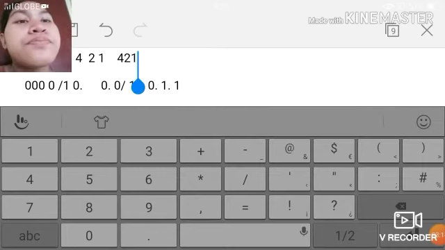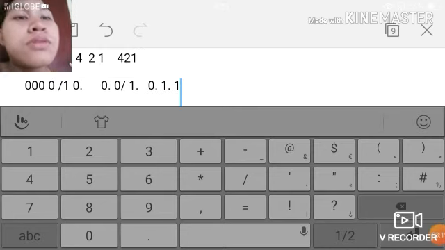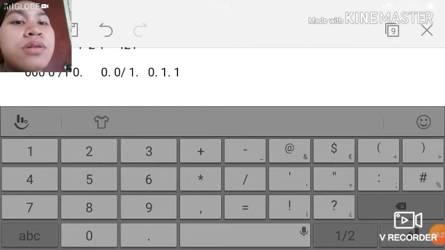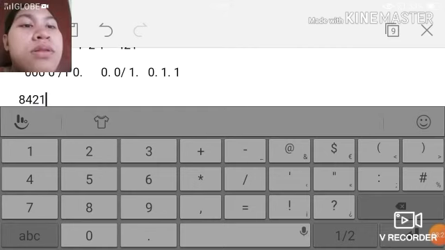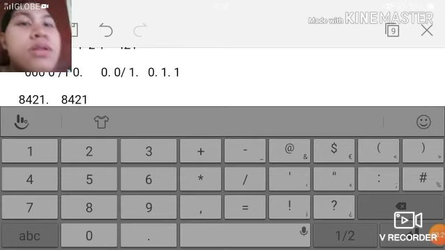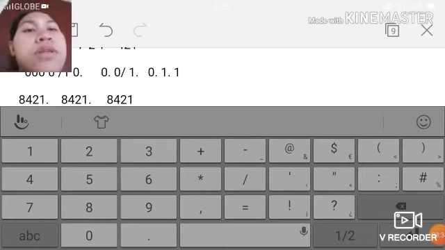So we're going to use again the values of exponent: 8, 4, 2, 1, then 8, 4, 2, 1, then 8, 4, 2, 1.